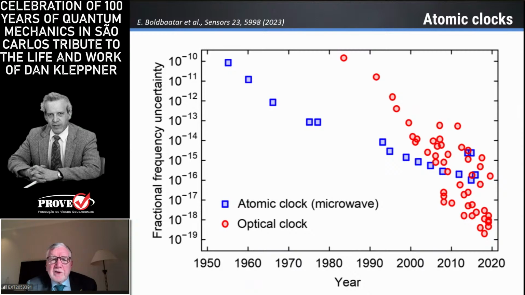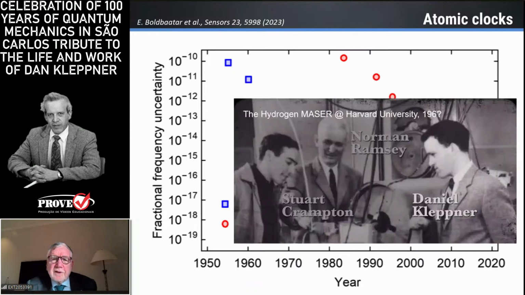And now that we have reached this with measuring time with optical clocks, let me show an image of a very young Daniel Kleppner with Norman Ramsey, who was his scientific father, and they are in front of a maser. And so this was around the 60s.